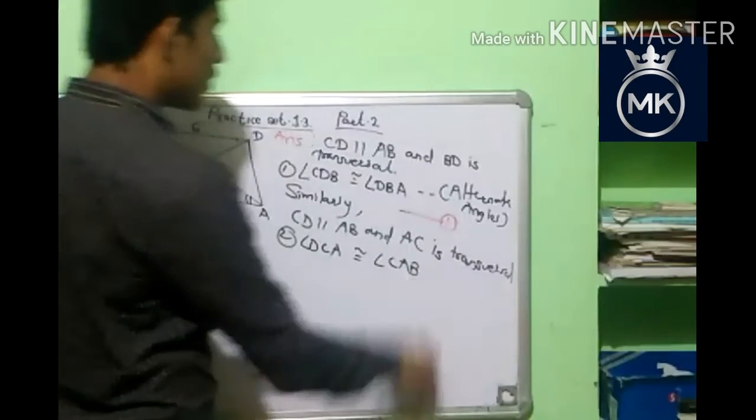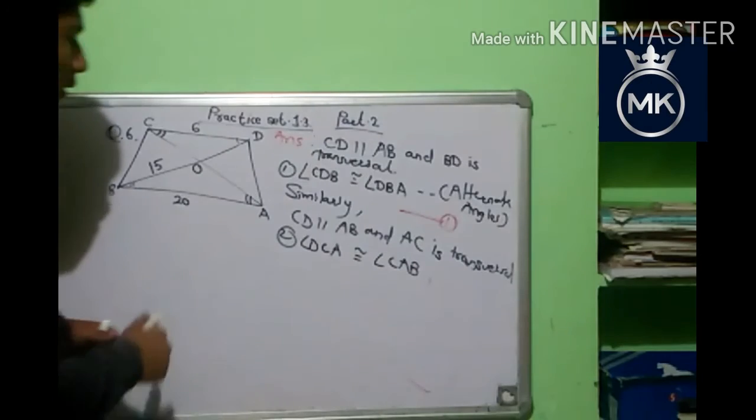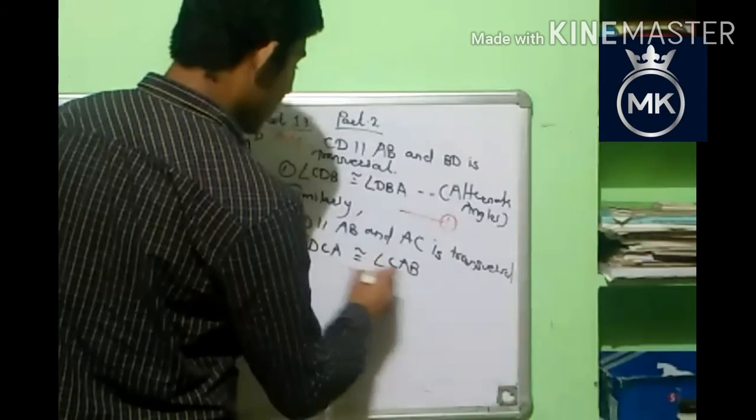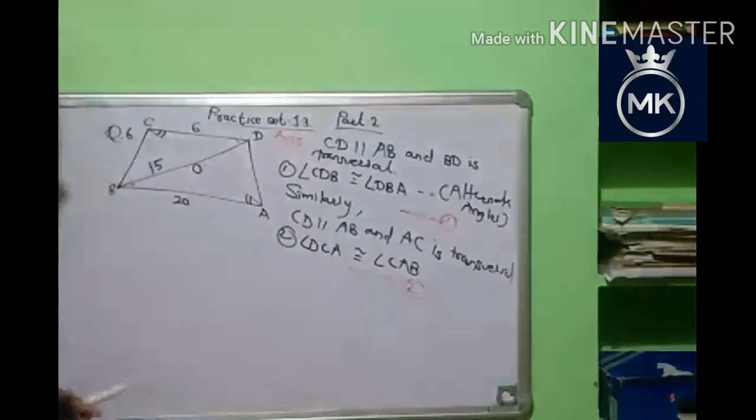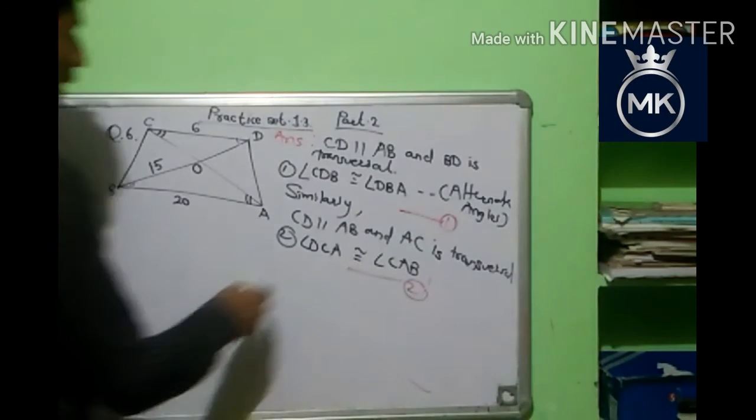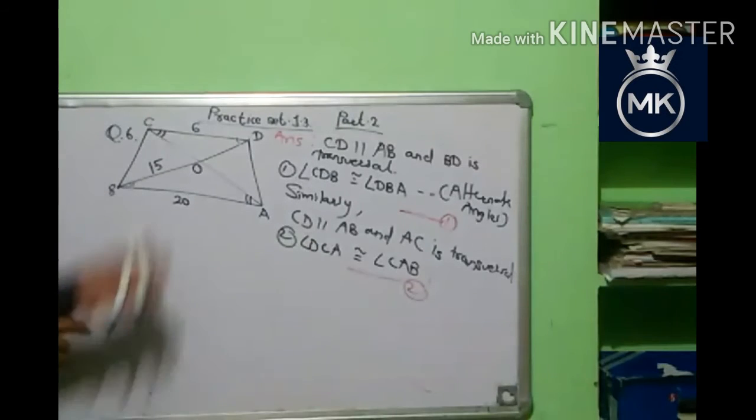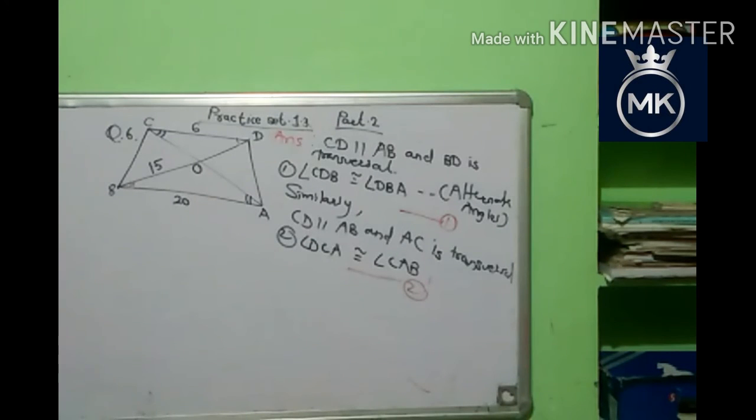The reason behind that is also alternate angles. So friends, we give the number 2 to the second pair of alternate angles. The step 1 is complete here.